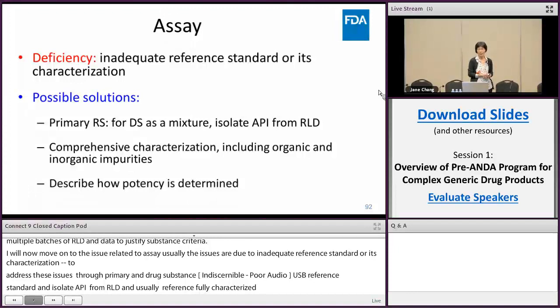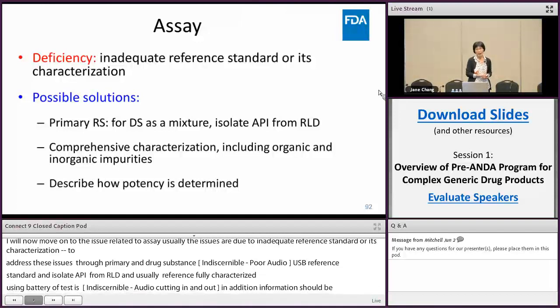If you isolate the API from RLD, you should provide information on how you isolated the API used for the primary reference standard. And also, you should provide information on how you determine the potency of the API. For example, for peptides, you may use a mass balance approach. In such a case, you should provide the equation that you use to determine the potency.